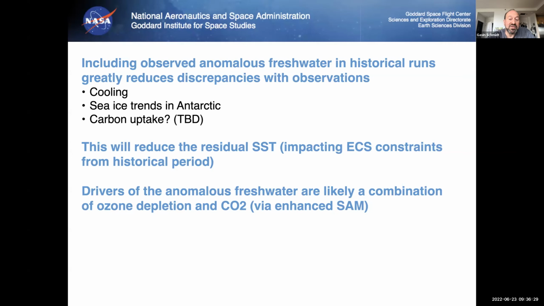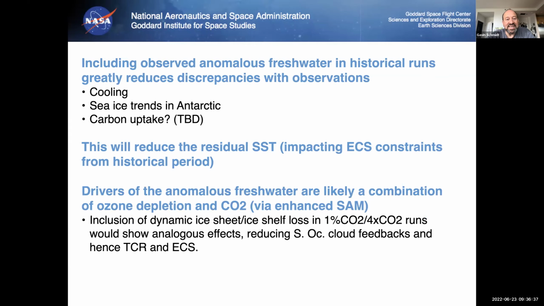Drivers of anomalous freshwater are likely a combination of ozone depletion and CO2 via the enhanced southern annular mode, and therefore it implies that inclusion of dynamic ice sheet and ice shelf loss in standard 1% CO2 and 4 times CO2 runs would show analogous effects, reducing Southern Ocean cloud feedbacks and hence both TCR and ECS responses.